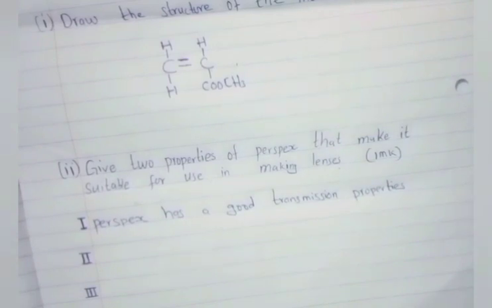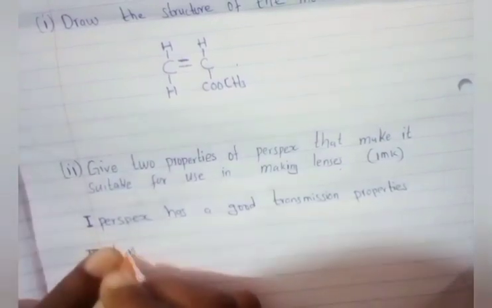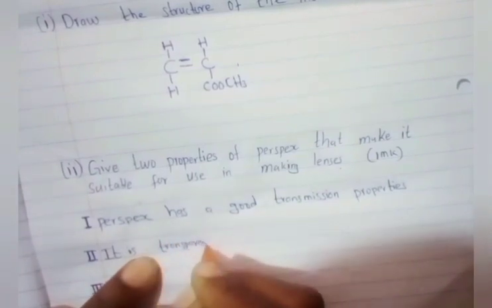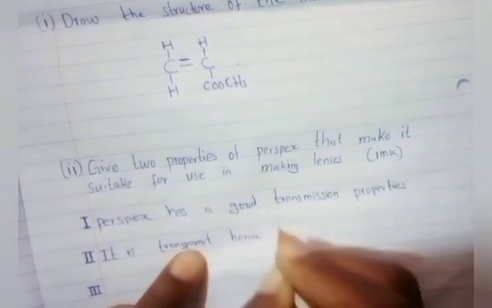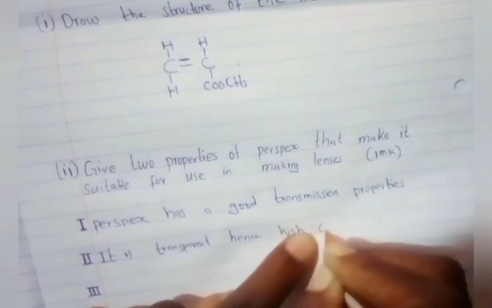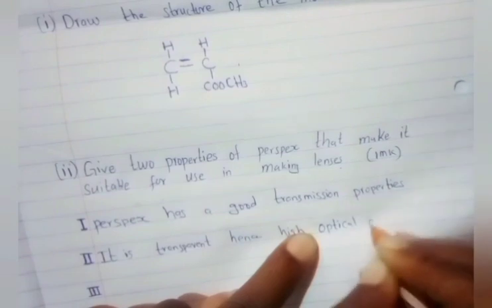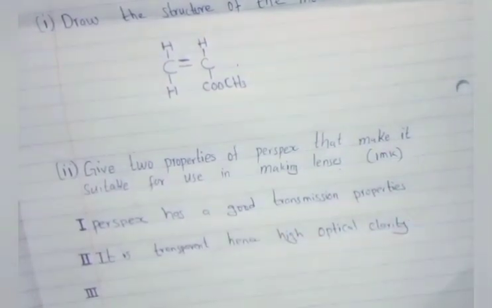Number 2, perspex is transparent, hence high optical clarity. We are saying it is transparent, hence high optical clarity. Then that is 2, but I can add you another one.